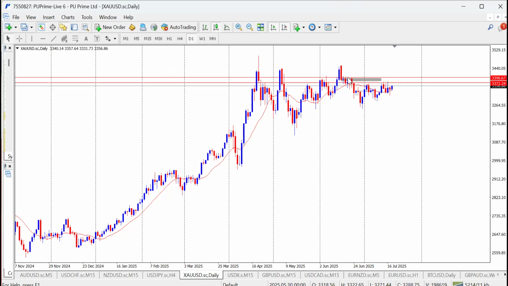To get to this level, why? Because gold broke this low and took out this low, rejected at this demand level, and we expect more bullish sentiment for gold. So if you are trading gold, don't look towards selling, look towards buying gold.